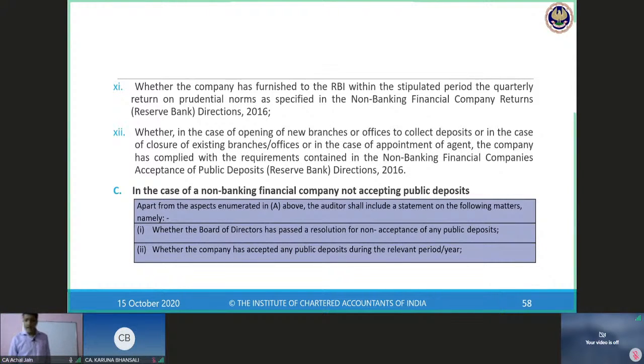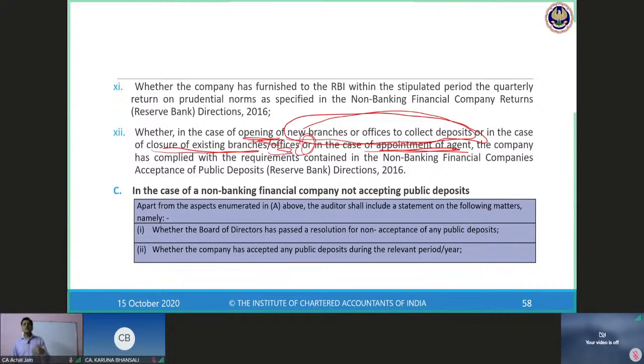So now this is in respect of opening of branches, offices, to collect deposits. Or if there is any closure of branches, closure of offices, or if there is any appointment of agent.